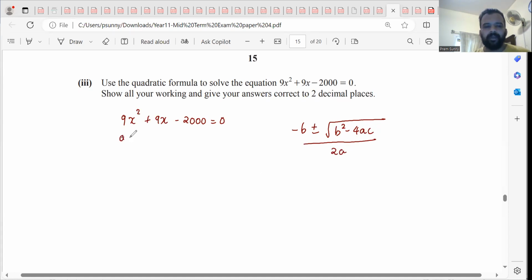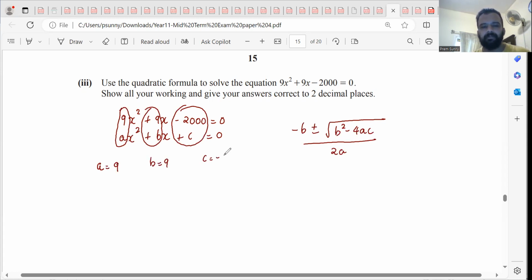Let's write down the standard form of a quadratic equation: ax square plus bx plus c is equal to 0. Compare them both and find the values of a, b, and c. So a is 9, b is 9, c is minus 2000.